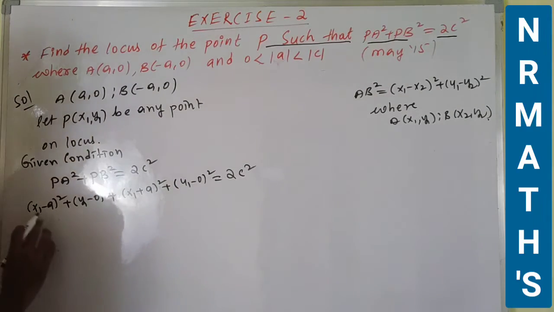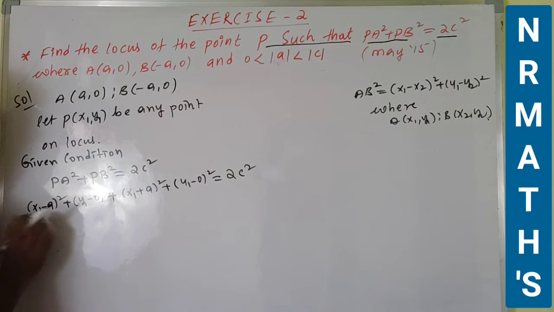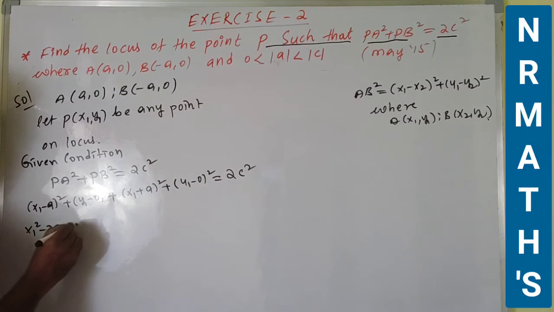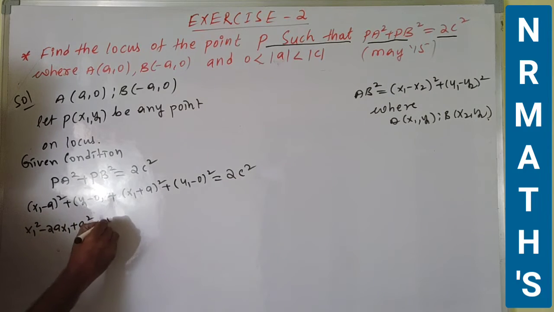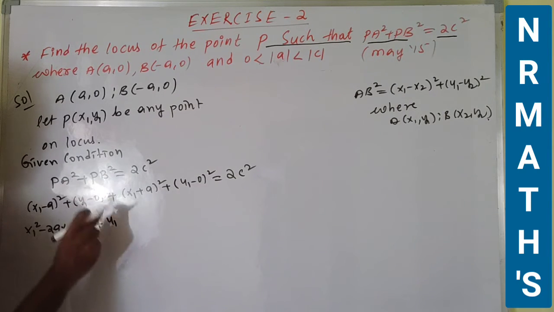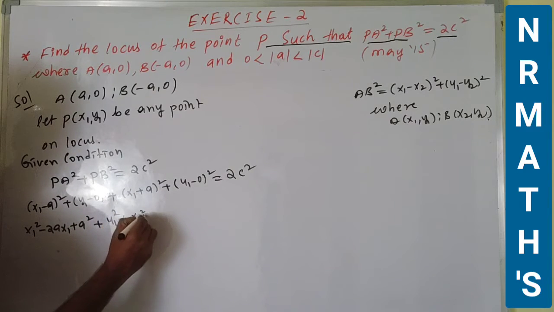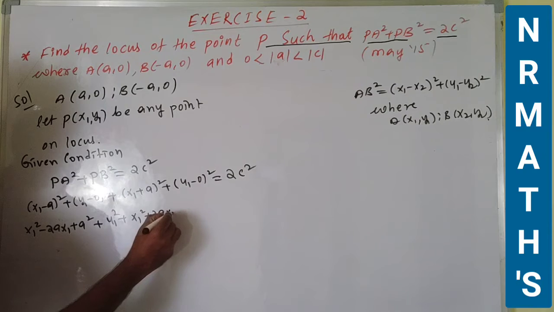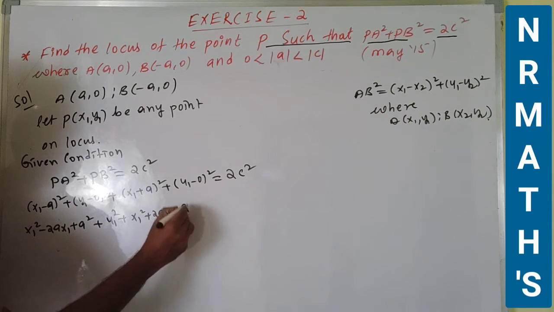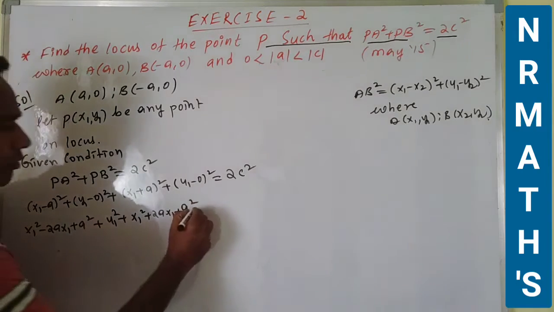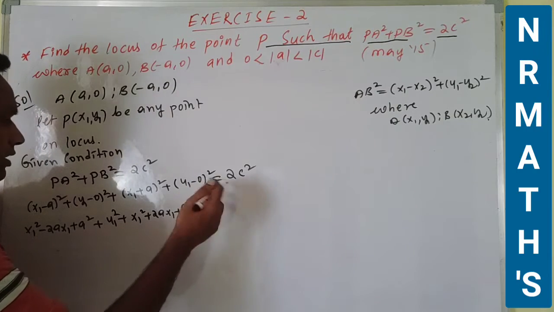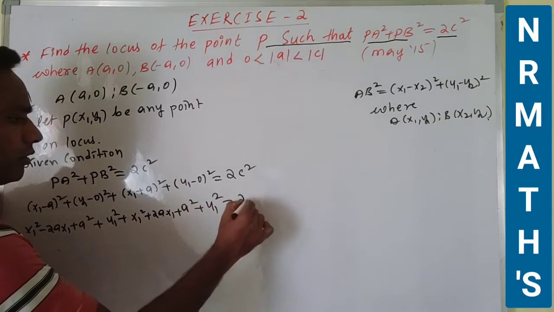Now open the brackets: x1 square minus 2a x1 plus a square, plus y1 square, plus x1 square plus 2a x1 plus a square, plus y1 square, is equal to 2c square.